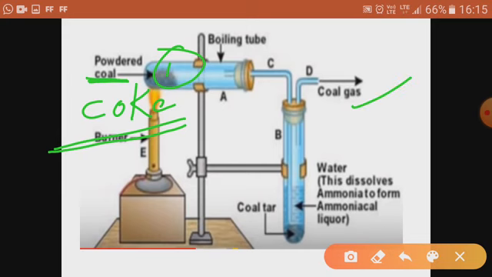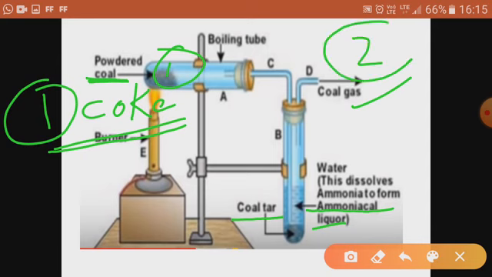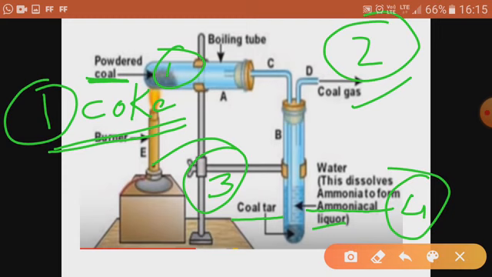Here one gas will be evolved, that is coal gas, and here we get two products: one is ammonical liquor and another is coal tar. So all in all we get four products: coke, coal gas, coal tar and ammonical liquor. These are the different products we can get from destructive distillation of coal.